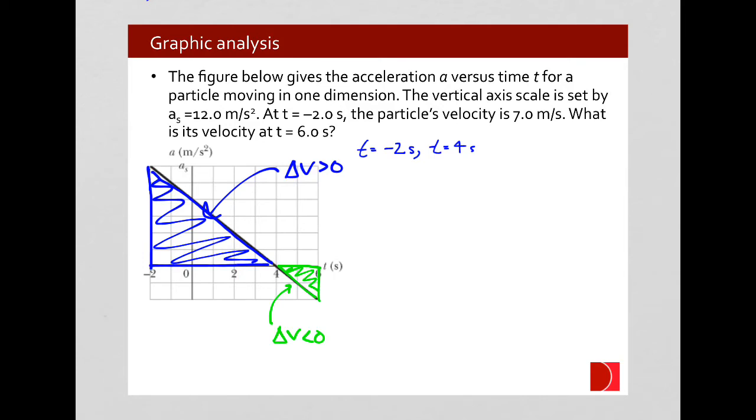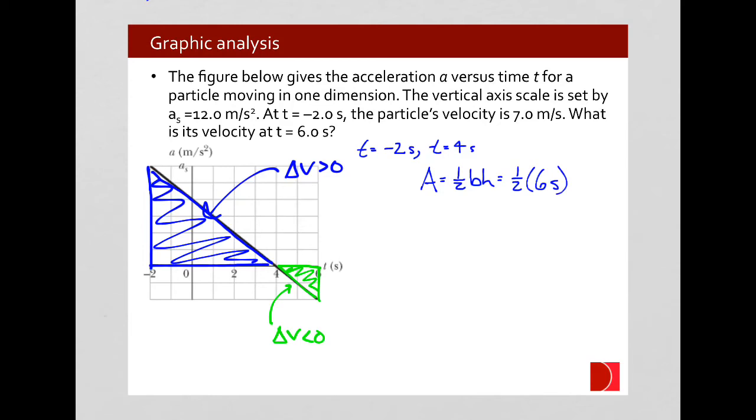The area under the curve will be the area of a triangle, which is 1/2 base times height. Here, our base goes from -2 to 4. The length of that base then is 6 seconds.